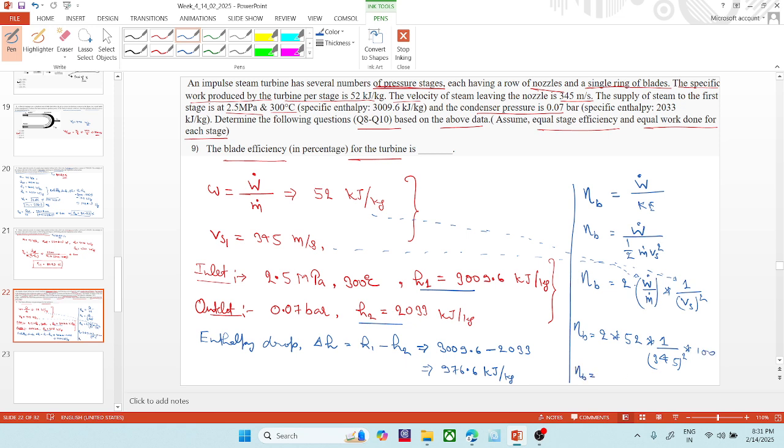So when I solve it, I will get the value 2 into, okay, as it is in kilojoule, I also have to multiply it by 1000 to make it joule, so 52 into 1000 joule per kg.